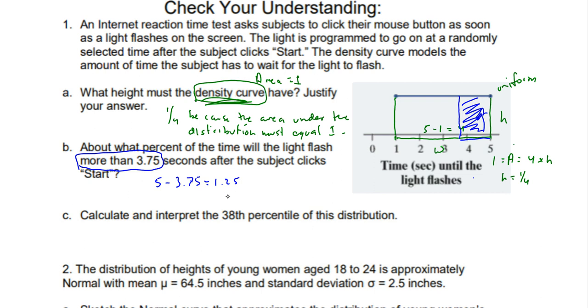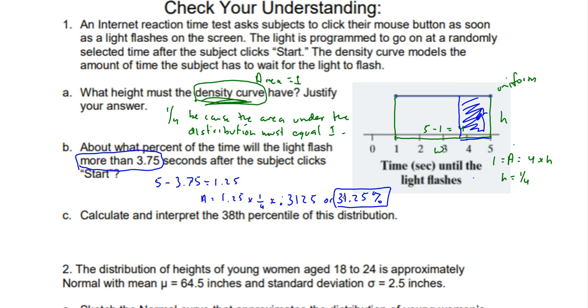Well, to find that area, we know that area is going to equal 1.25 times our 1/4, because that's our height. And so we put this in our calculators, and then you're going to have a value of approximately 0.3125, which equates to 31.25%.